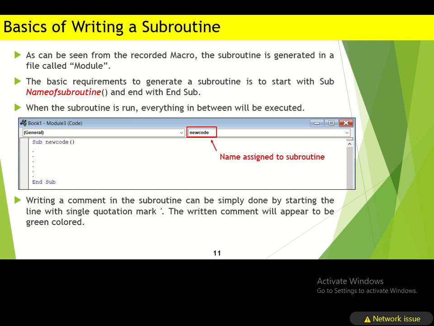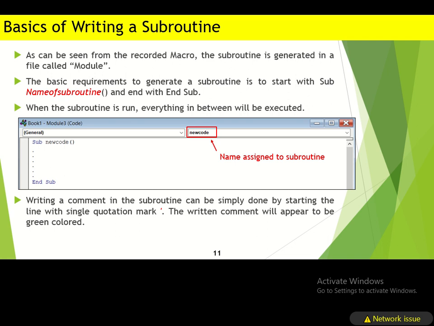Once you write Sub, the name you want to give, and brackets, and you press enter, it will also create the end statement of the subroutine. The end statement is always End Sub. You don't have to type it. Excel will create it itself.